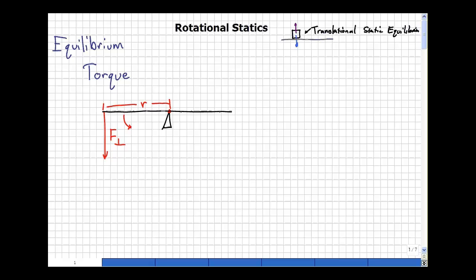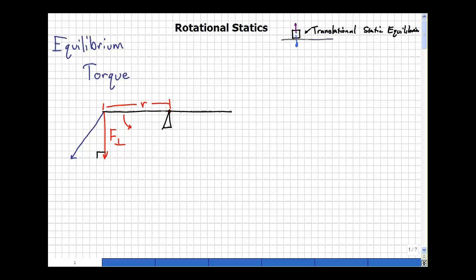It should be relatively obvious to you that if you have a force that's parallel to the radius, then you will have no rotation, right? So it's only the force perpendicular. Now you might have forces that are not exactly perpendicular or parallel. However, they do have a perpendicular component.